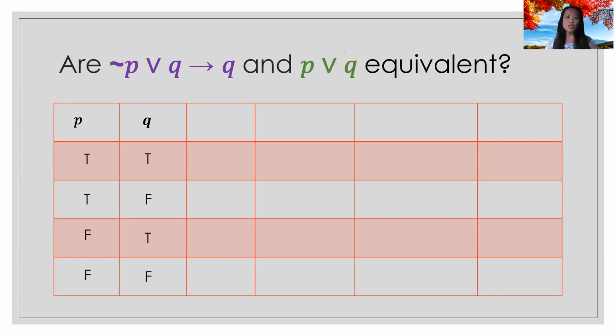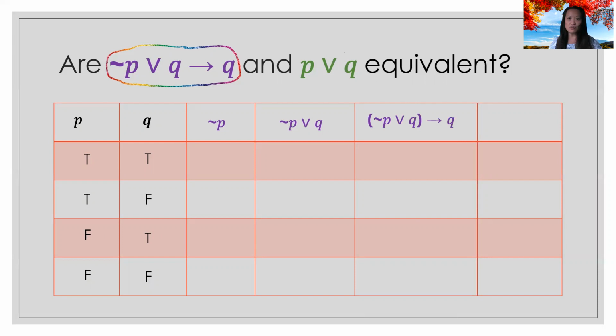Then when we look at this statement here, order of logical connectives will apply. So I will have to go not P first, and then not P or Q next. And then the last thing would be the entire statement. Okay, so that's the first statement.